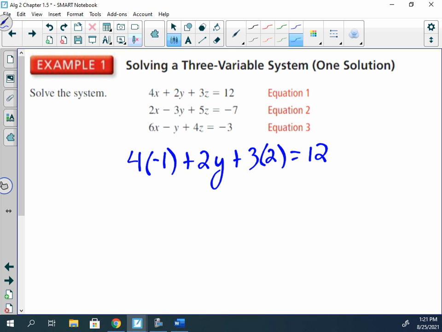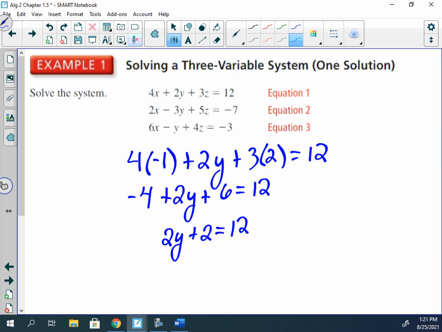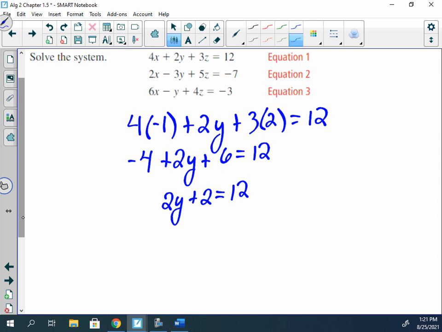Well, 4 times negative 1 would be negative 4. 3 times 2 is 6. Well, negative 4 and 6 are on the same side of the equal sign, so we can combine those. It would be positive 2. 6 minus 4 is going to be 2. Then we would subtract 2 from both sides because we want to get y by itself.